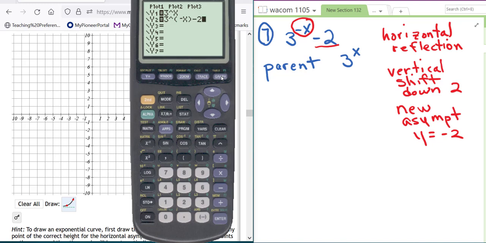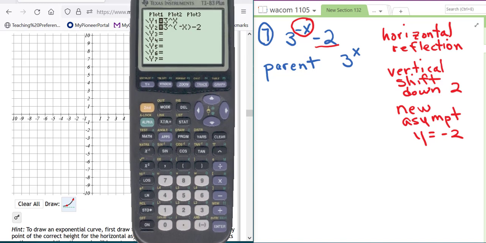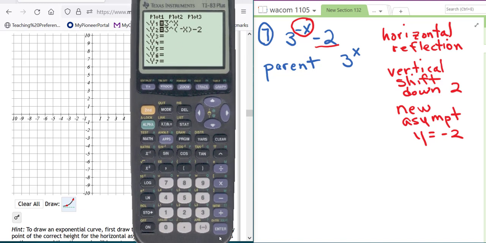All right, so watch as this one happens. And I'm going to move it down a little bit to make sure it's in my recording screen. All right, so there is your new asymptote, negative 2.